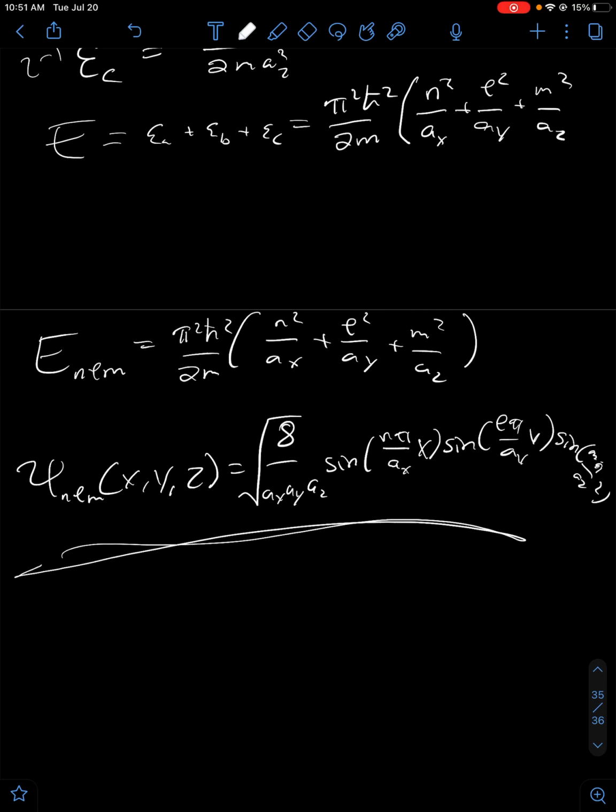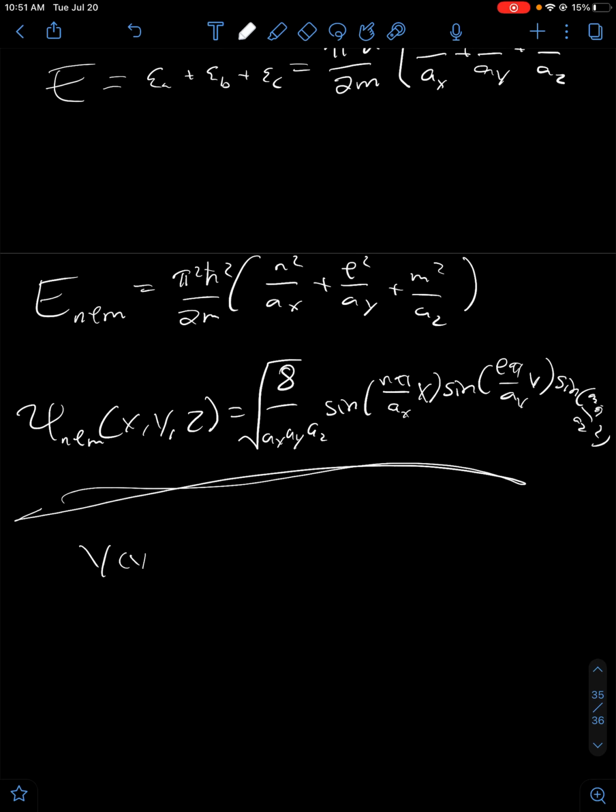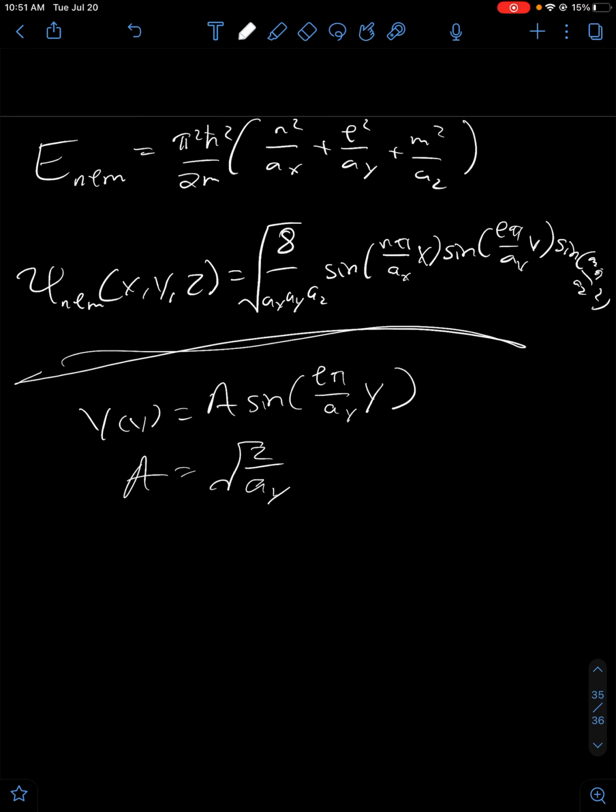If you're wondering how I got this function, remember that Y(y) we found out was A sine of, what was it again, l π over a_y. And from normalization, we find that A equals the square root of 2 over a_y, right? It's literally the exact same thing for X(x) and Z(z), but you change your constants, quantum numbers, and coordinate variables.